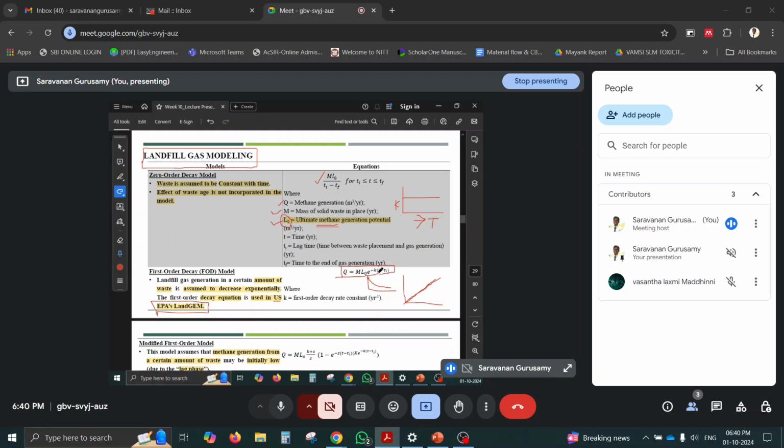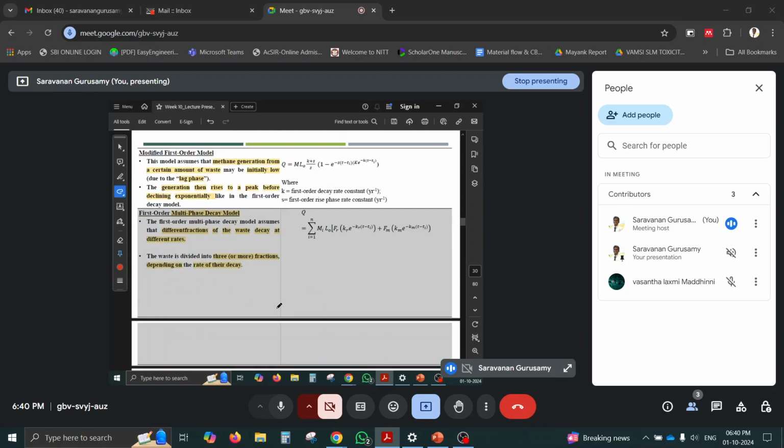Based on time, the rate of decay, and the methane generation potential, the mass of waste will decay and methane will be generated. This is the basic concept behind the LandGEM model. The k is the first order decay constant per year, because it is based on time.